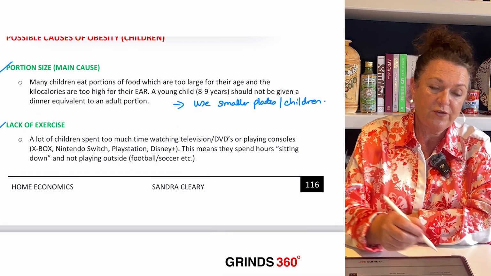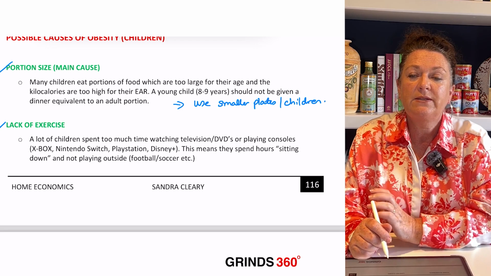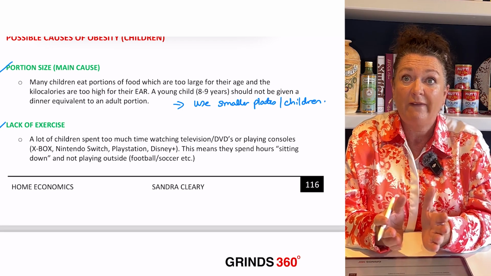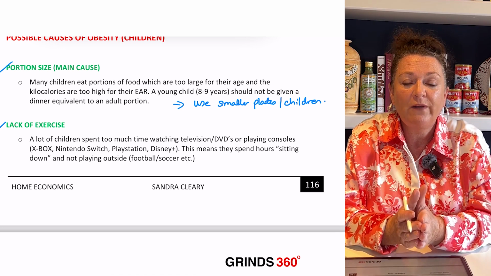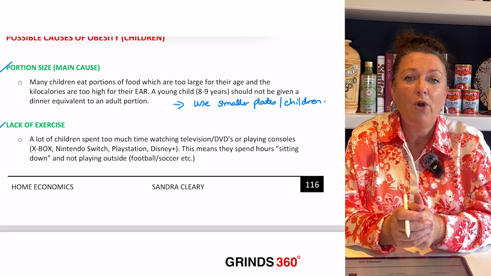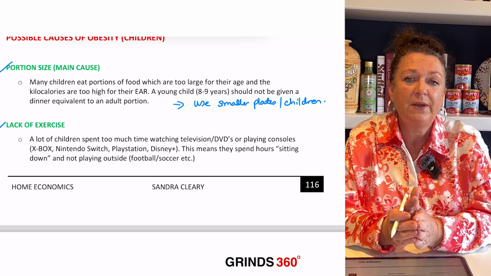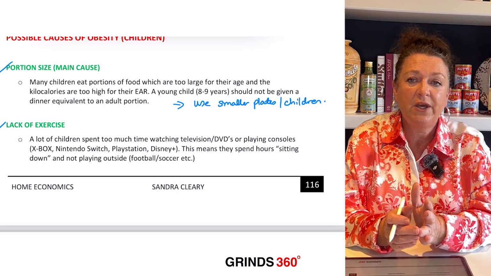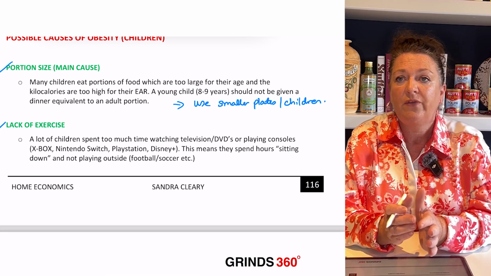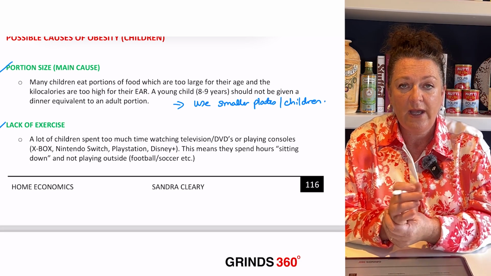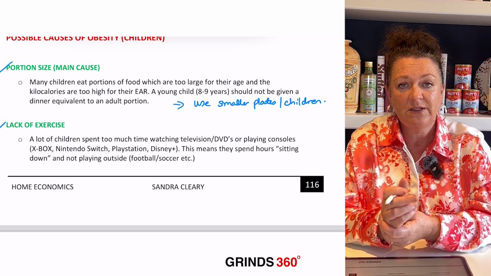A lack of exercise, kids staying in at home, playing on their PlayStation 5, giving, don't start me, mobile phones to very young children, scrolling, all the different options that families have now. It's not just Sky, they've got Disney Channel, they've got Prime, there's a whole other world out there other than TV and consoles.